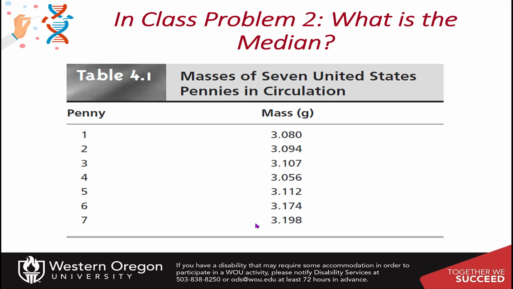So like if we blocked out this last one, cross off 7, and then move that one up to the beginning, we would have 1, 2, 3.094 would be number 3, 3.107 would be number 4. We would add these two together and then divide it by 2, and that would be our median answer.